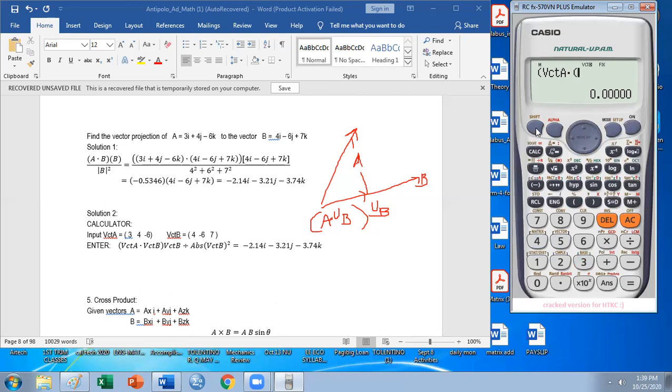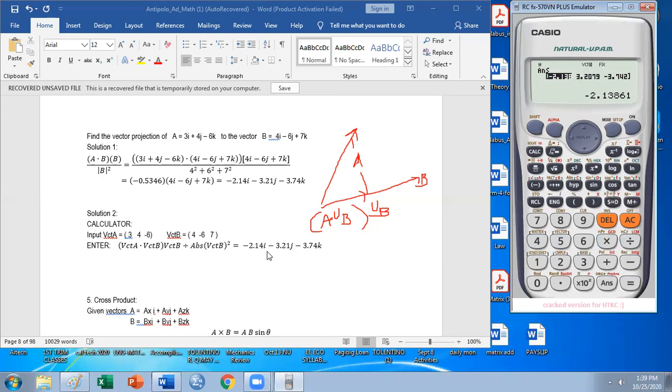Then this is shift 5, 4 divided by the absolute value of shift 5, 4. This will give you the scalar projection. Then just multiply it by the unit vector, shift 5, 4 again, divided by the absolute value of shift 5, 4.